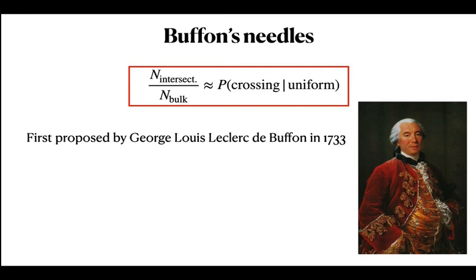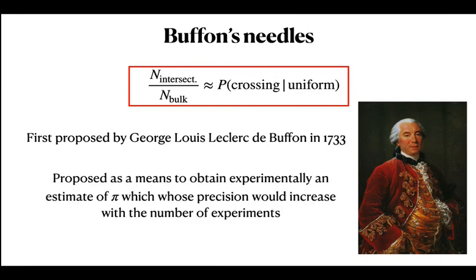And the thing is that he proposed it because he directly postulated this particular connection: that a way to evaluate this formal quantity, which is a probability, under the uniform hypothesis would be to simply do some experiment in real life. His objective was to propose an experiment that you could do in real life to get various estimates of pi through essentially random operations.